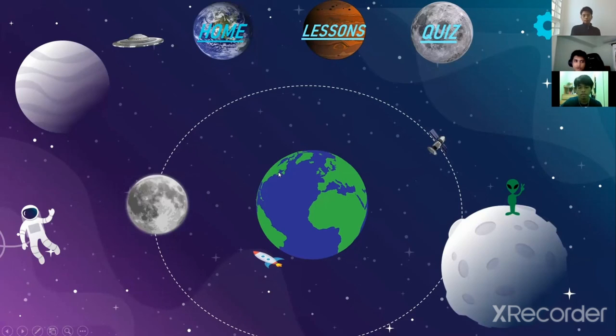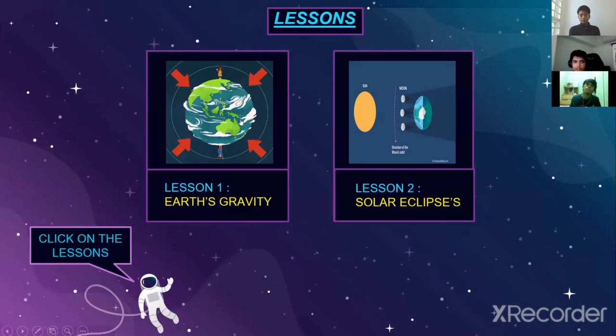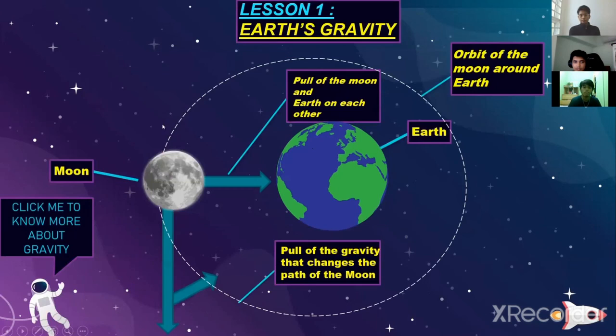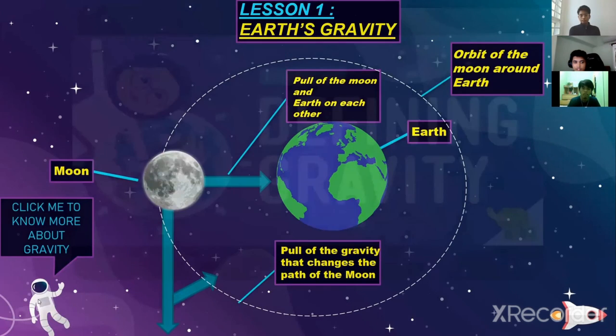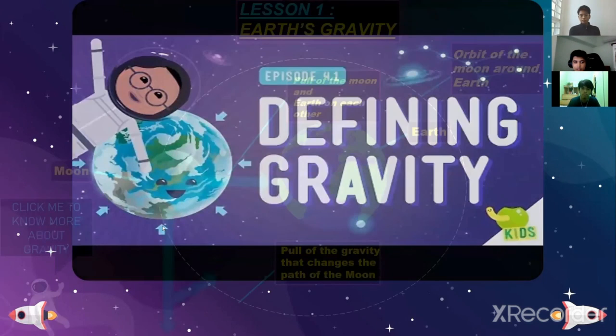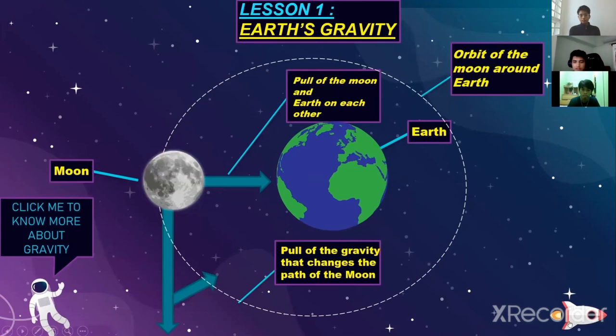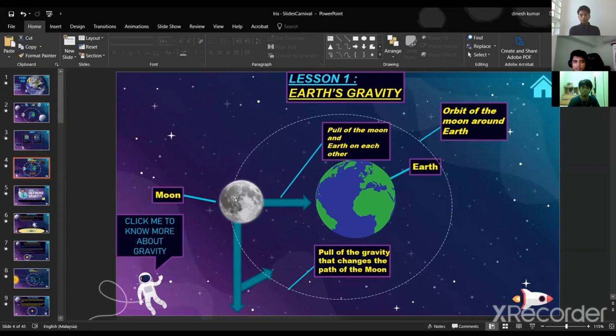For the multimedia elements, there is the animation for the Earth, Moon, and also the orbit ring, and also in the lessons, for the astronaut. That is all for my presentation.